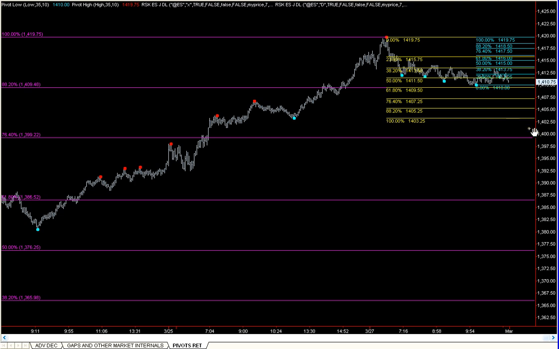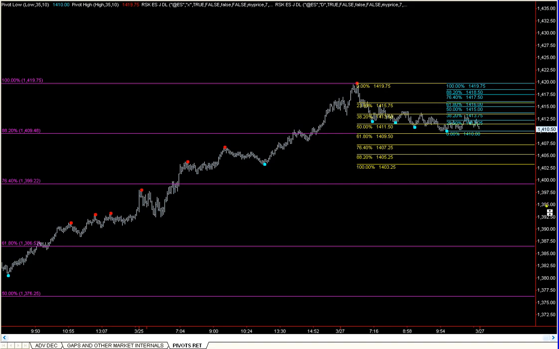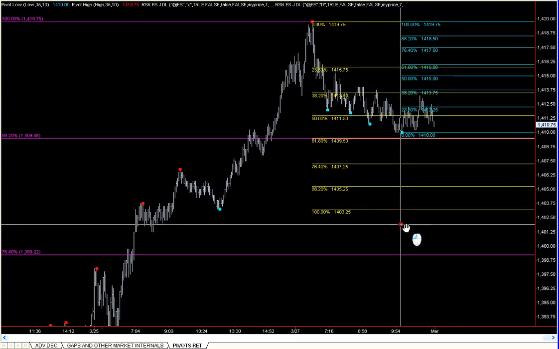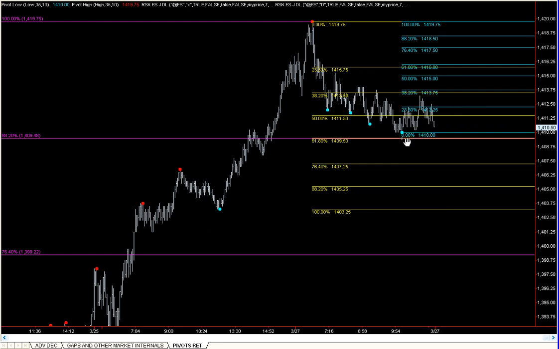Okay. Now we'll just take a look at this chart as well. And you notice that the retracement between the high and the low of this day, that retracement didn't take us up as far as 1375.